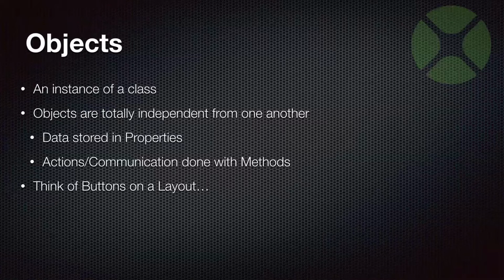And of course, you can have multiple buttons on that layout. And each of those buttons are totally independent. So if you change the caption on one button, the caption on all the other buttons doesn't also change. That would kind of be bad and defeat the purpose. So that's how you're interacting with objects when you're just doing your layout design.